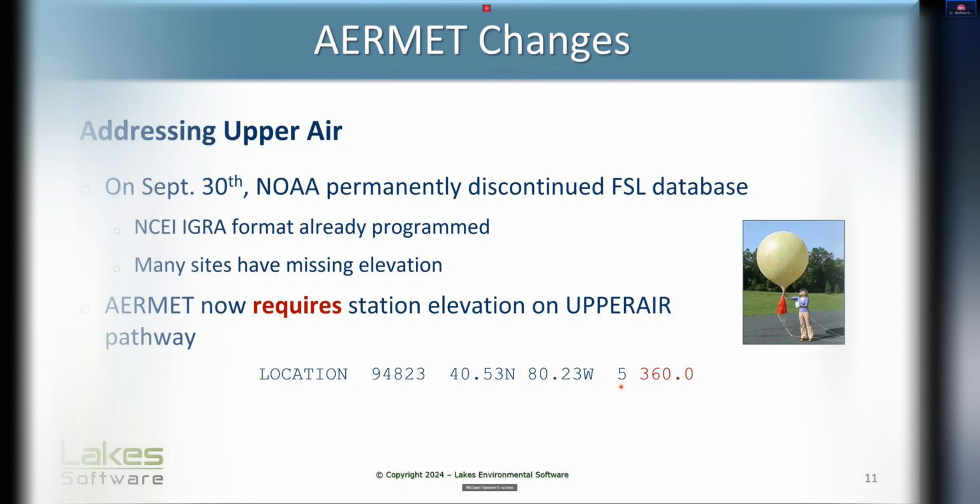This station is in the Eastern time zone, so we add 5 hours to local time to reach that GMT or UTC hour. And then here we have highlighted in red the new required station elevation being input to that location card. So this must be included starting with the 24142 version of AERMET.